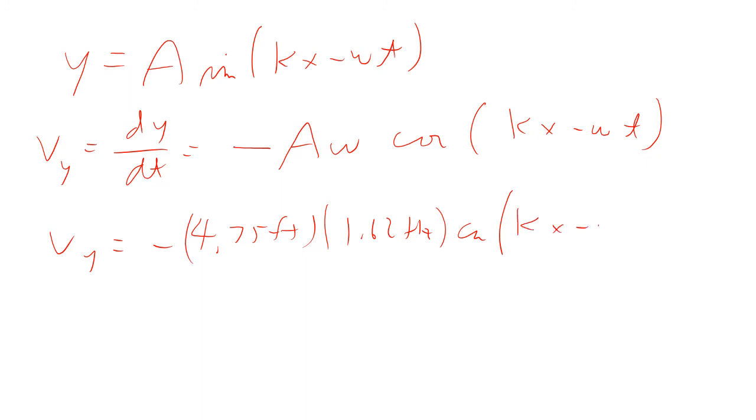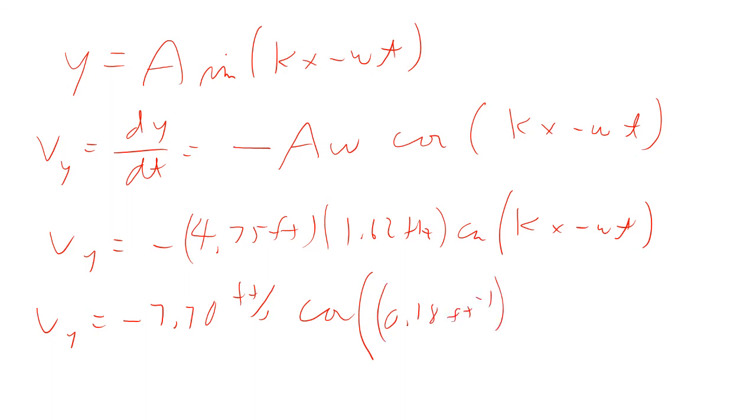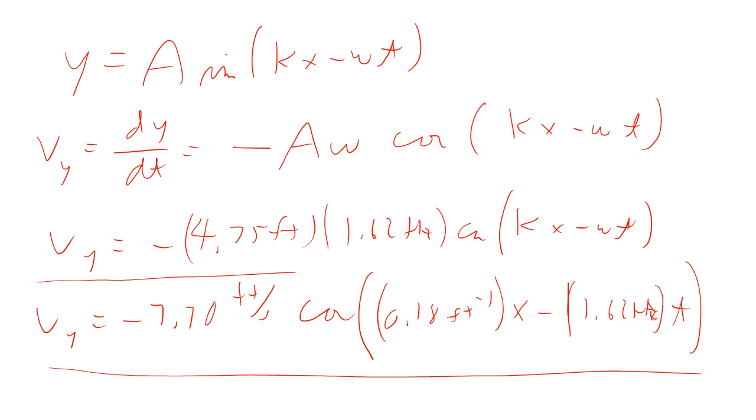So Vy is minus 7.7 feet per second times the cosine of 0.18 inverse foot times x minus 1.62 hertz times time. That is your equation now for velocity.